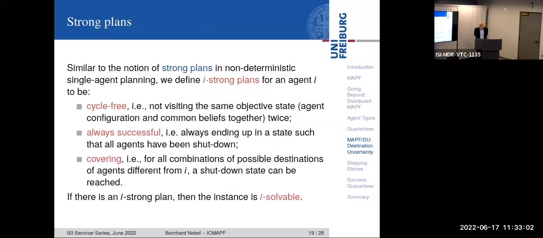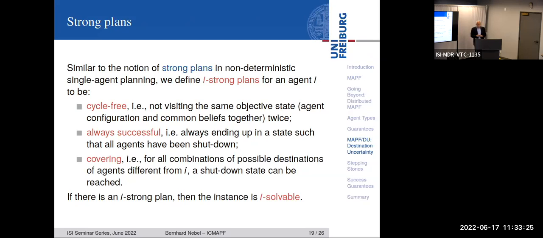So if you have worked with non-deterministic single agent planning, you might think that is familiar. You have branching plans or policies. And as in the case of non-deterministic single agent planning, we define strong plans here. I-strong plans are plans which are cycle-free.